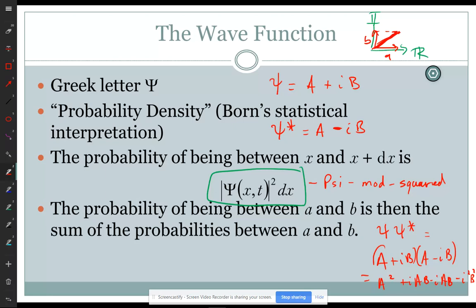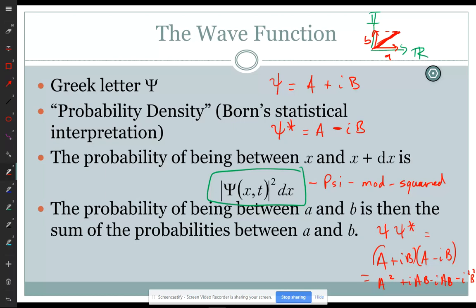I have to add up all the little infinitesimal pieces. It seems like there should be a better way than adding everything. There is, and that's why Newton invented it: the integral. The integral is how we add them up. That's what Newton said.